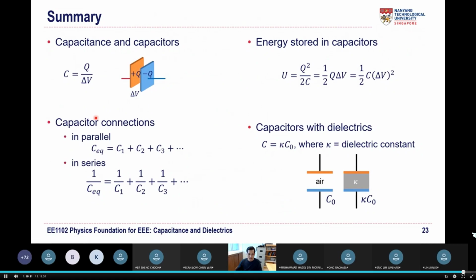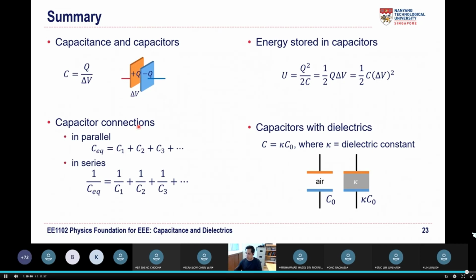So with that, I will quickly summarize the second part of the summary lecture, which is on capacitance and dielectrics. Capacitance is defined as the charge stored per electric potential, the voltage. It is constructed by having two conductors separated by distance d.